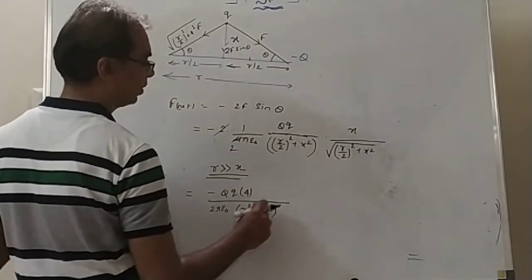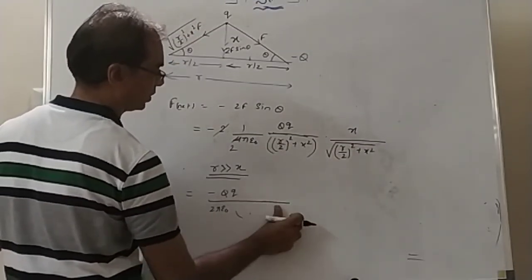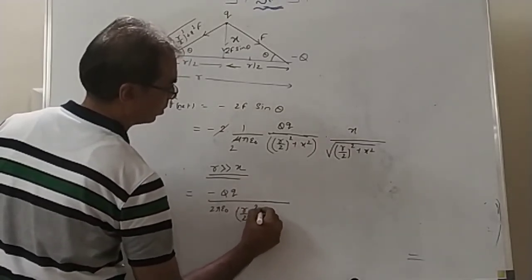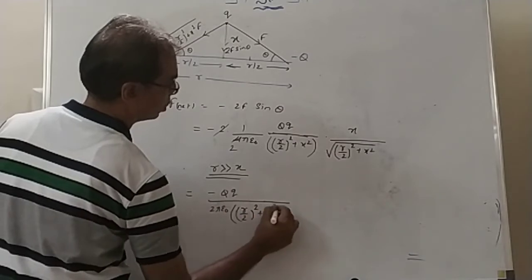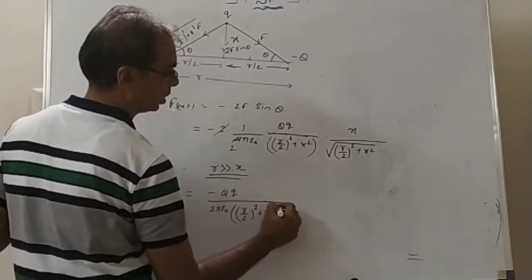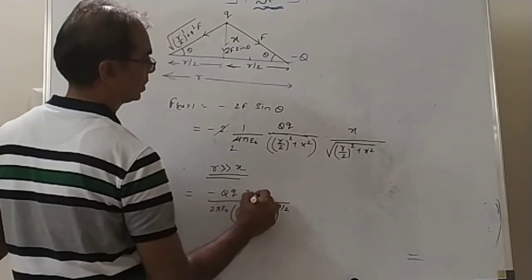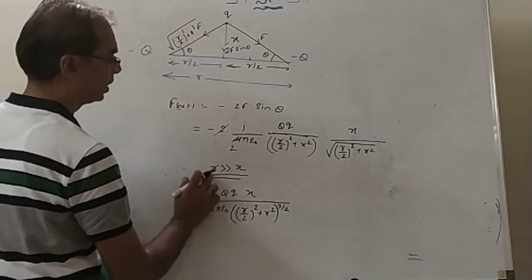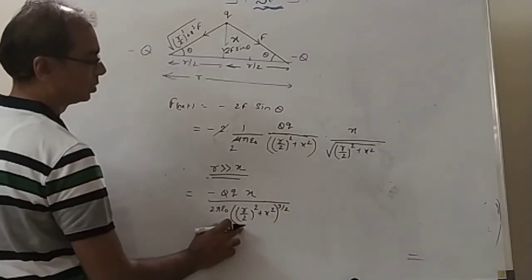Or directly we can do, let's write like this first. It is r by 2 whole square plus x square to the power, this is 1, this is power 1 by 2, so total 3 by 2 into x. Now here we can directly neglect this x in comparison to r square.